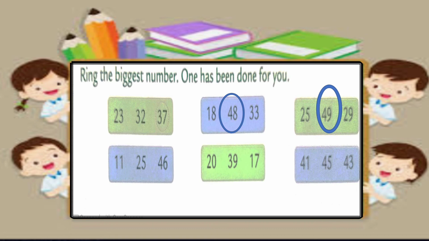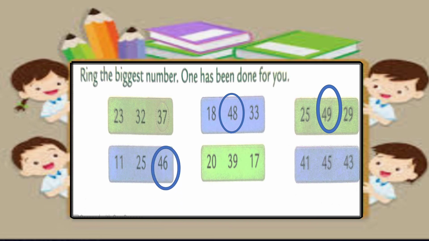Then we have number 11, 25 and 46. So first you all have to write it down. 11, 25 and 46. Observe it and tell me which is the biggest number.